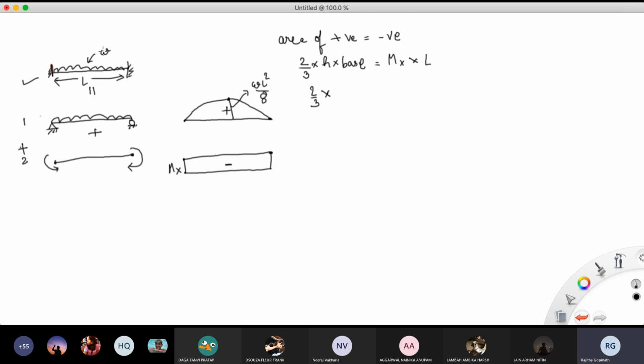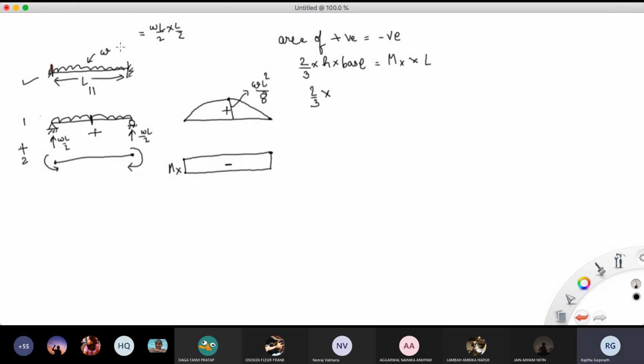W total load is W into L, so you find the reactions of both of them and then figure out the total. इससे अच्छा है formula याद कर लो. इसमें आएगा WL by 2 और इधर भी आएगा WL by 2. ठीक है. और यूनिफॉर्मली डिस्ट्रीब्यूटेड लोड है अगर तो क्या करना होता है? Do you know what you have to do?